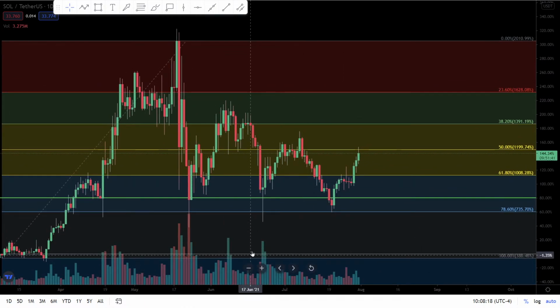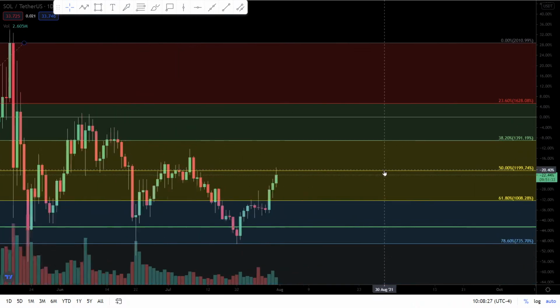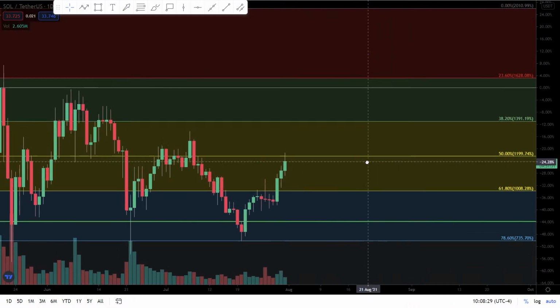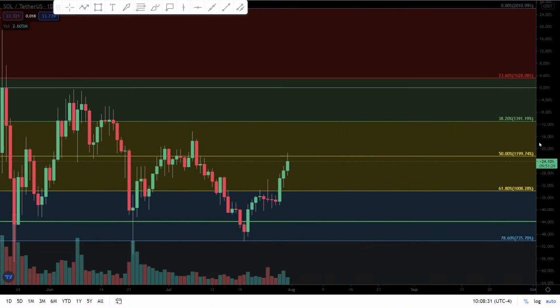If you look at these last three candlesticks, candlestick 1, 2, 3, this is what we do with this 61% line.